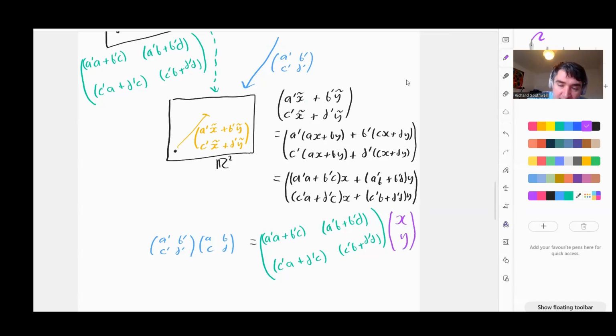We start with this vector (x, y). So that goes on the right. So you can read this as follows. If we start with (x, y), and then we apply this matrix here, then we get the same result as if we start with (x, y), and then we apply this matrix here, and then we apply this matrix here.